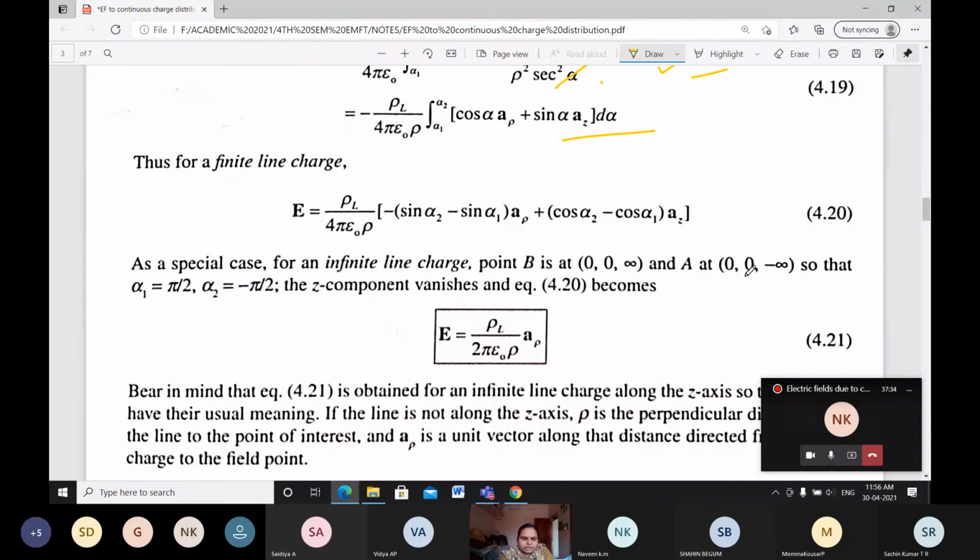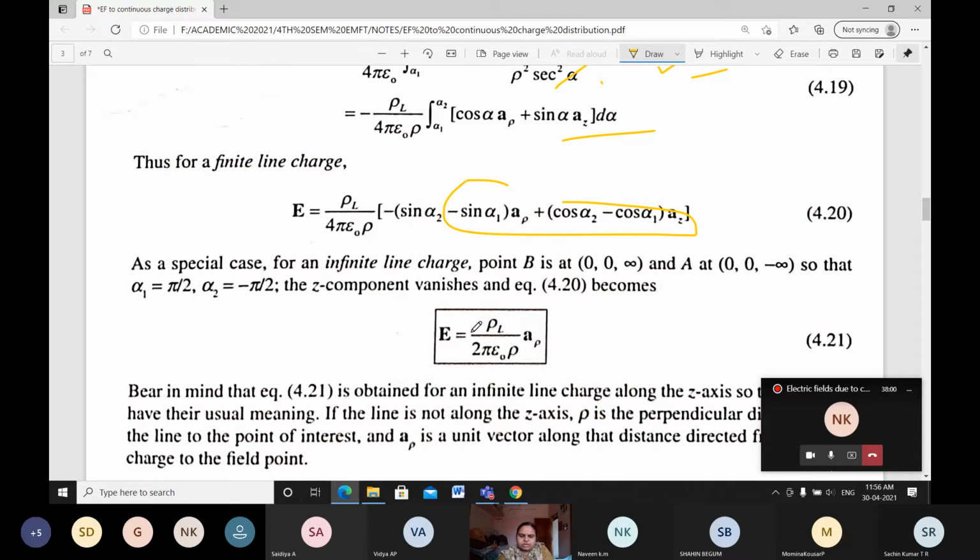So alpha 1 is going to be pi by 2 and alpha 2 is going to be minus pi by 2. Therefore this all will be vanishing. Then I will be getting E equals rho L divided by, you just have to substitute alpha 1 as pi by 2 and alpha 2 as minus pi by 2, then solve that equation.